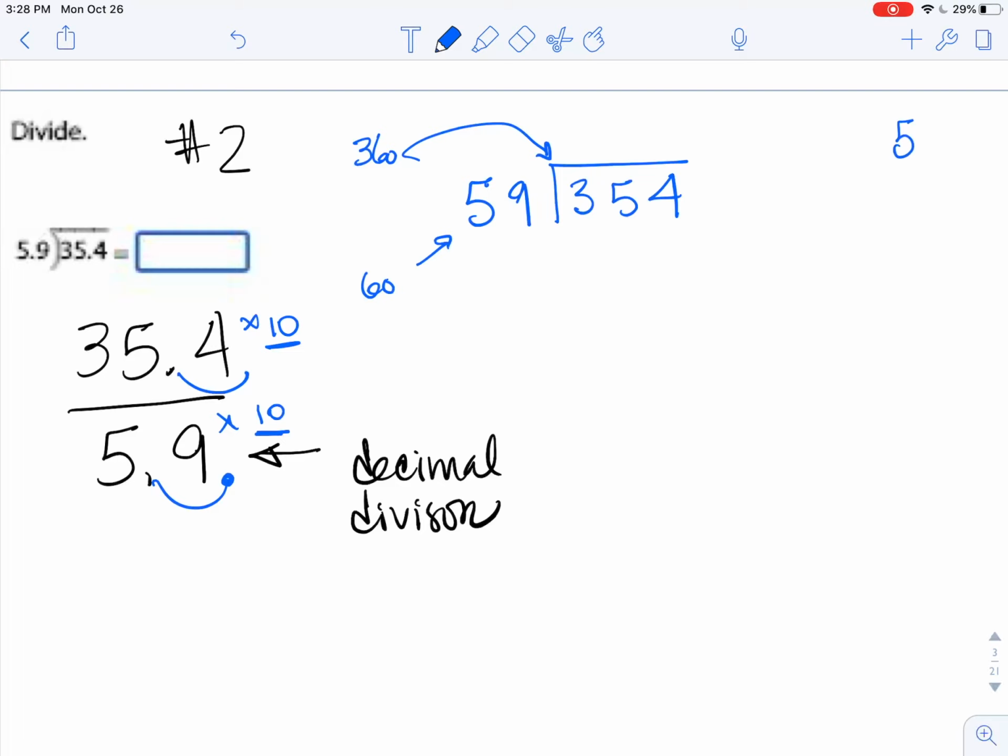So I'm guessing that 59 times 6, what happened? 59 times 6, 54, carry the 5, 35. Oh, right there, 354. That works out perfectly. 6. Okay, once I moved the decimal over here in my dividend, I bring it straight up, so the answer is 6.